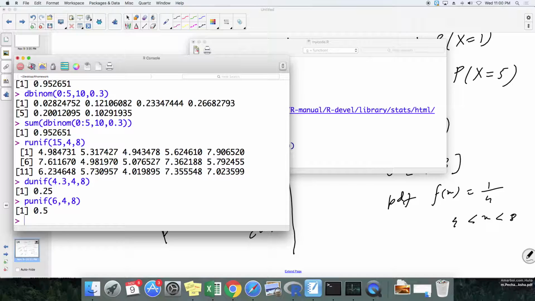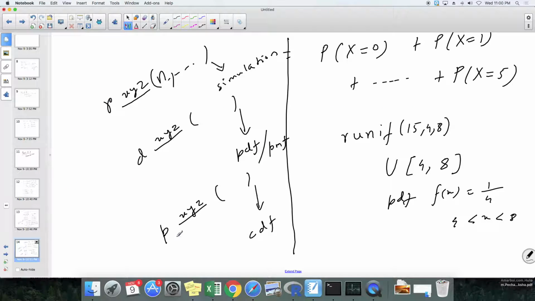So once again, punif gives you the CDF. That's the overall scheme: p-something gives you the CDF, d-something gives you the PDF or PMF depending on the case, and r-something gives you the simulation.